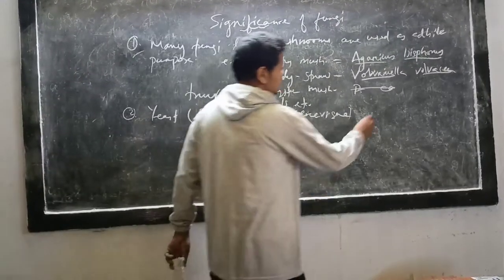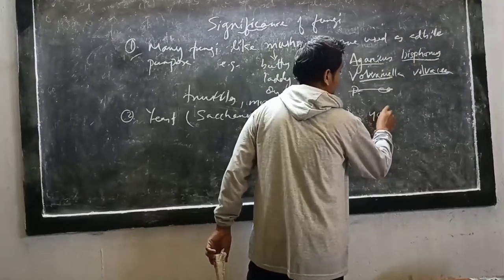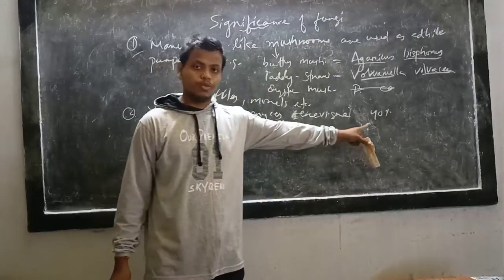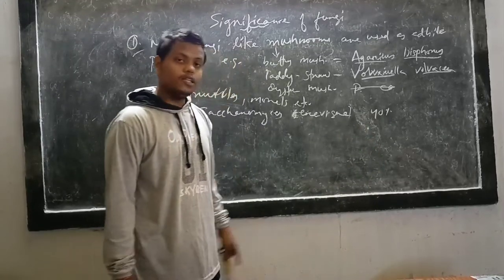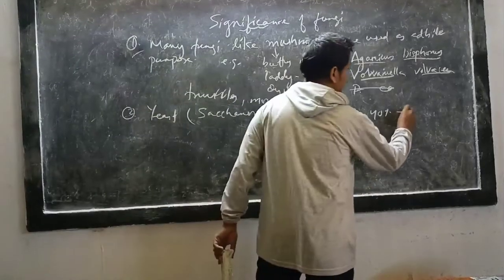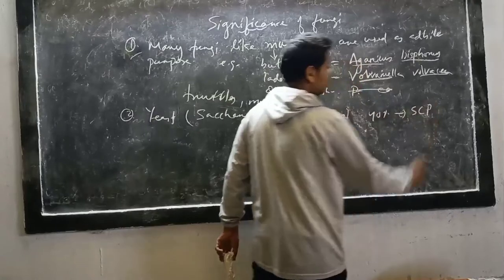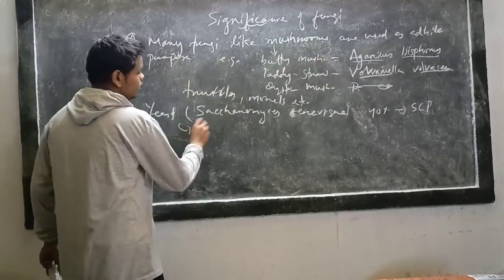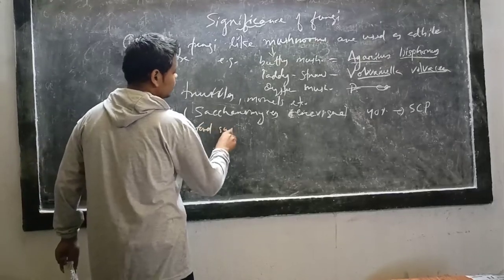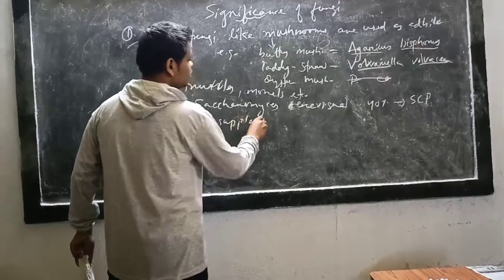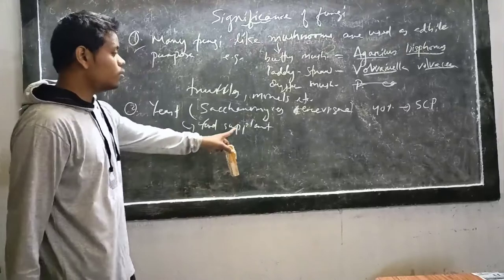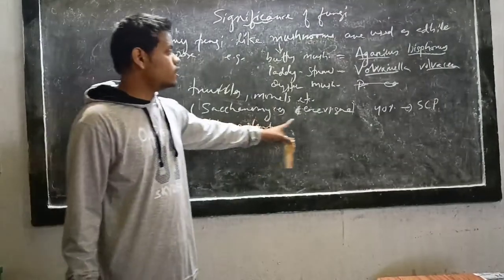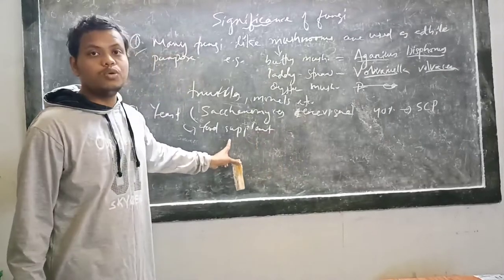That means approximately 40 to 41% of its body weight consists of protein. That's why it is also called single cell protein, SCP, and it is a good source for food supplement. It is used as a food supplement for plants, for animals and in human beings also.